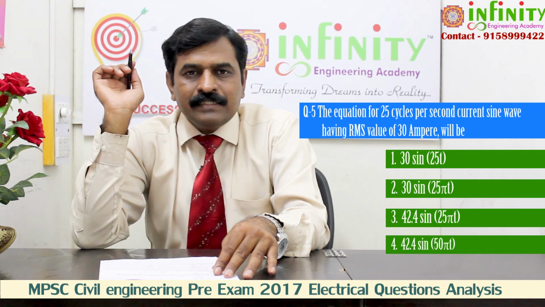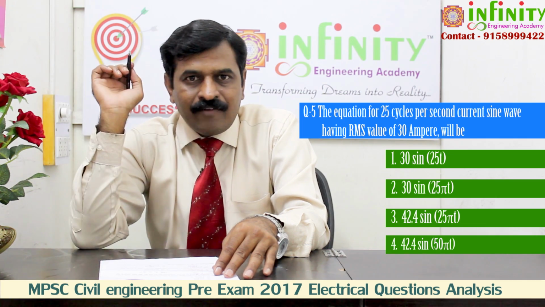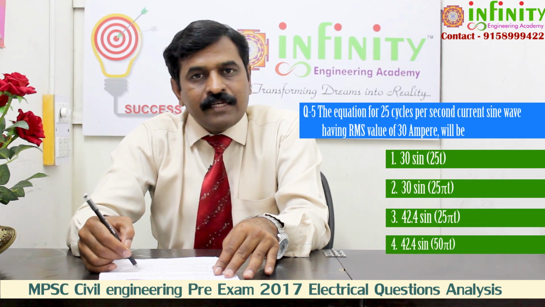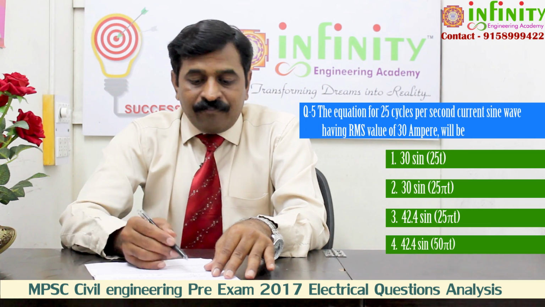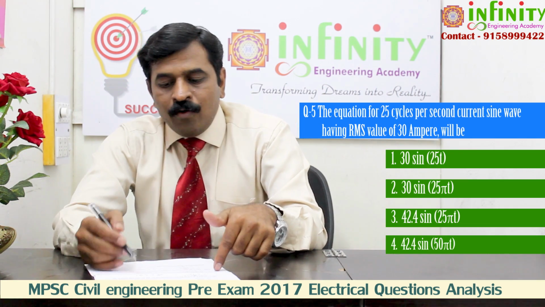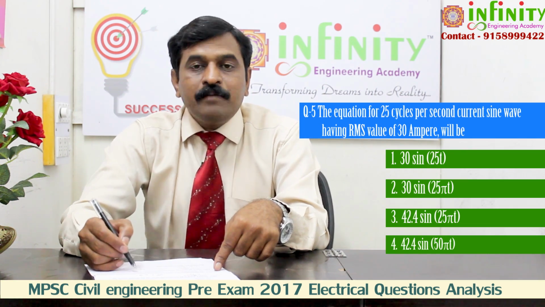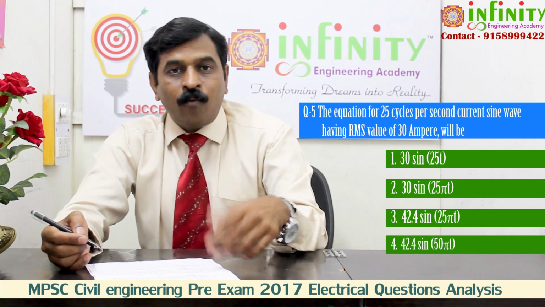You just reimagine that sine wave with a specific equation, and whatever information is given in the question, try to relate it to this pattern. From that, 42.4 sine 50 pi t is the correct option. Why?